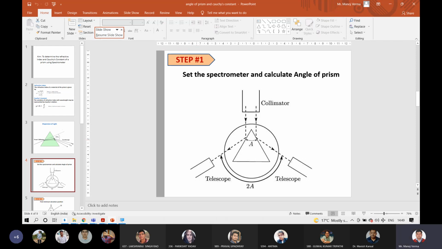And the geometry of this configuration reveals that the difference between the angles at these two positions of the telescope is twice the angle of the prism.